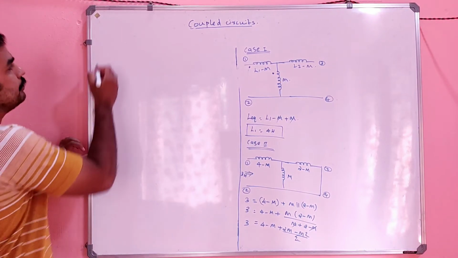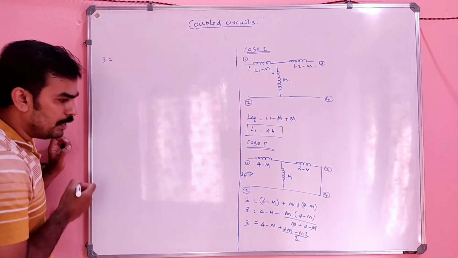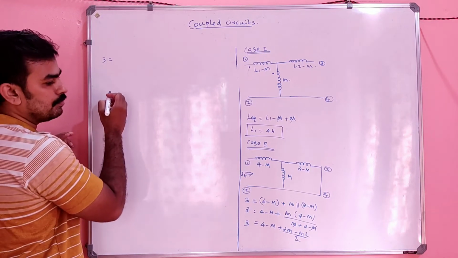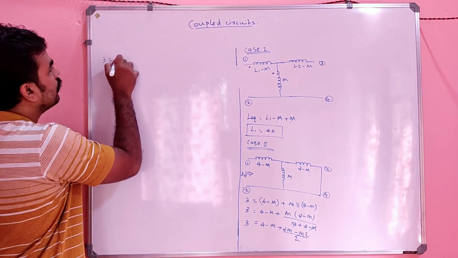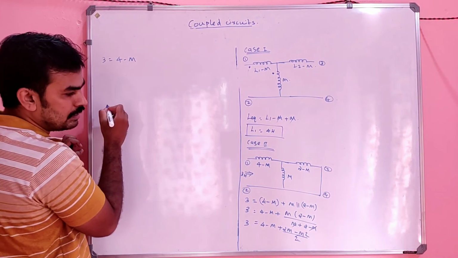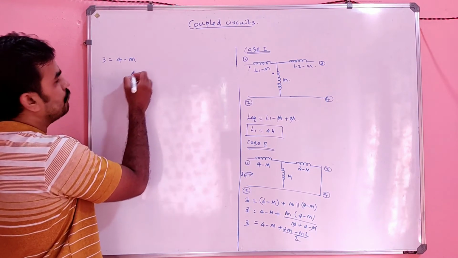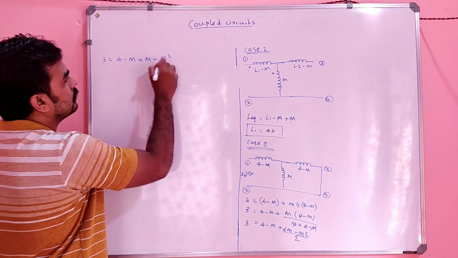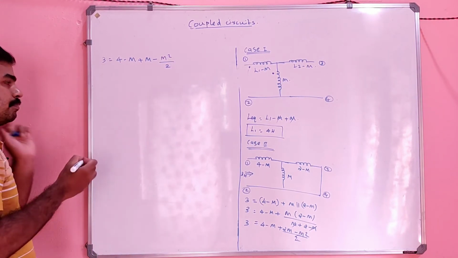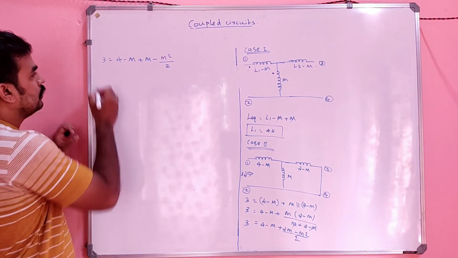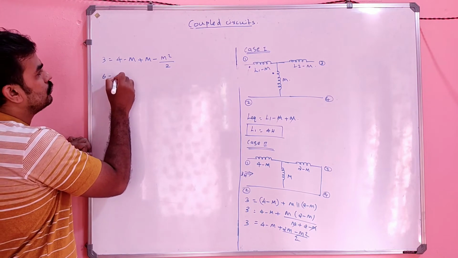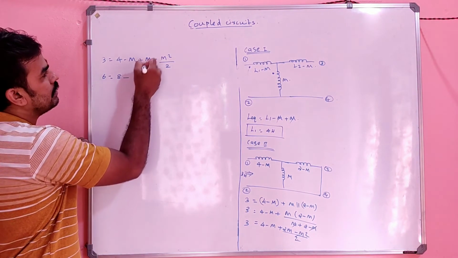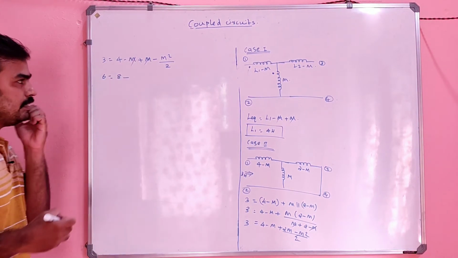So it will be 3 will be equal to 4 minus m plus m, right? Plus m minus m square by 2, correct? If you multiply both sides with 2, it will become 6 equal to 8 minus m and plus m got cancelled, right?